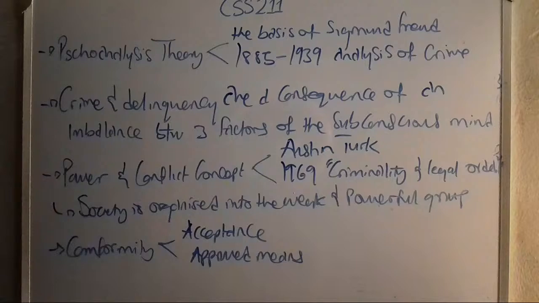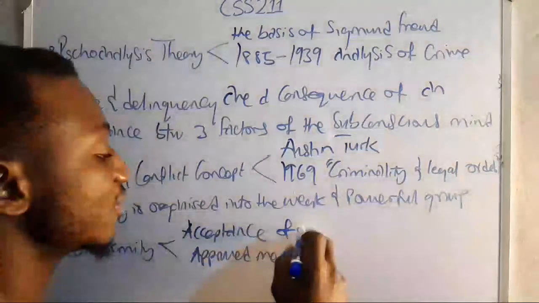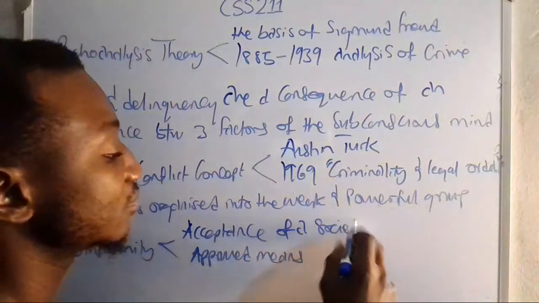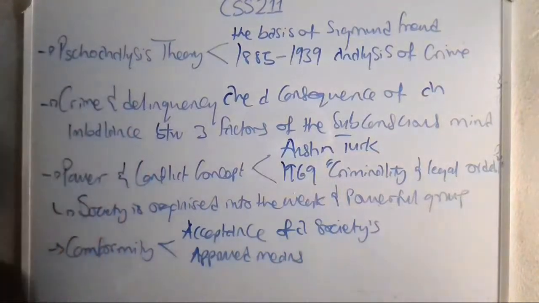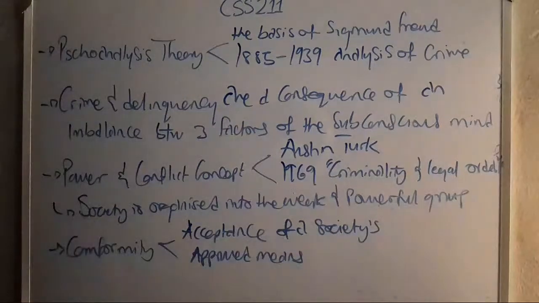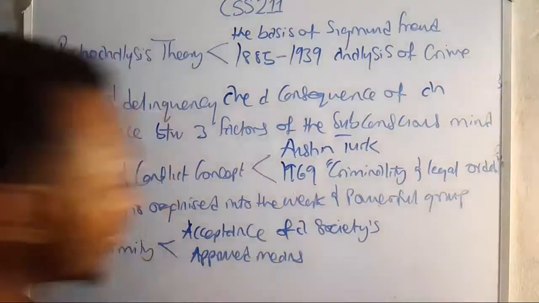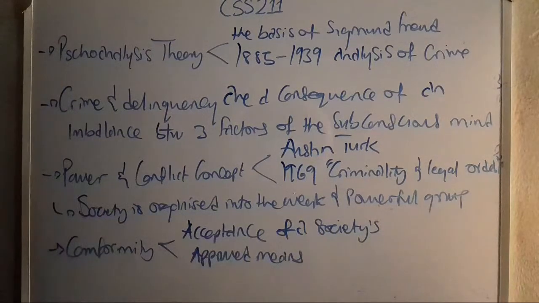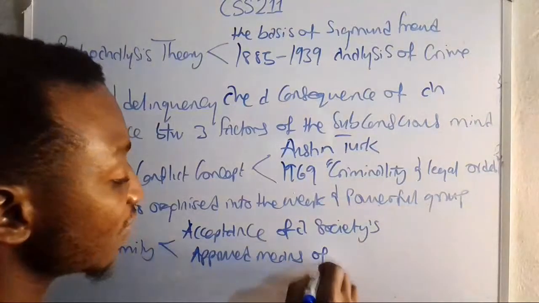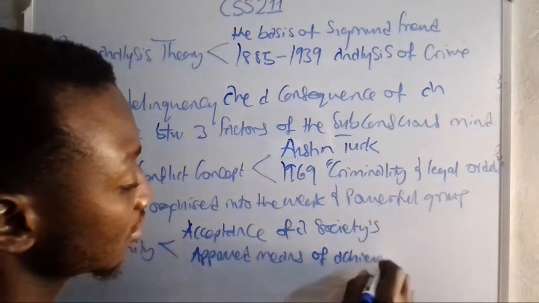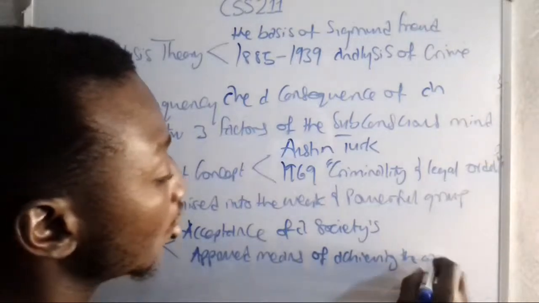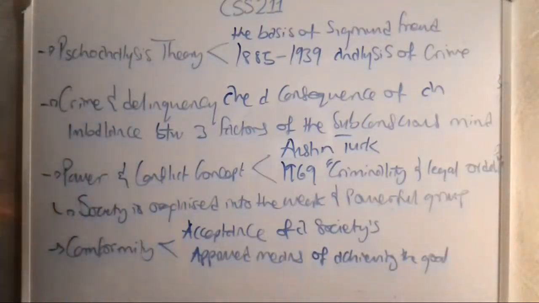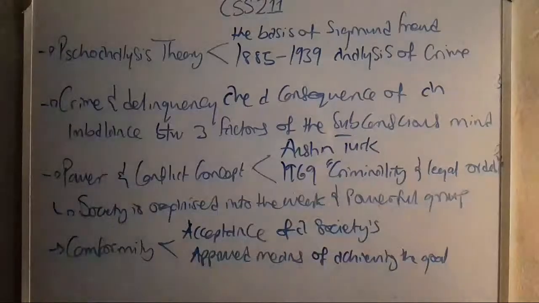First, there has to be an acceptance of a society's goals, then the approval of the means of achieving these goals. Then we have conformity.